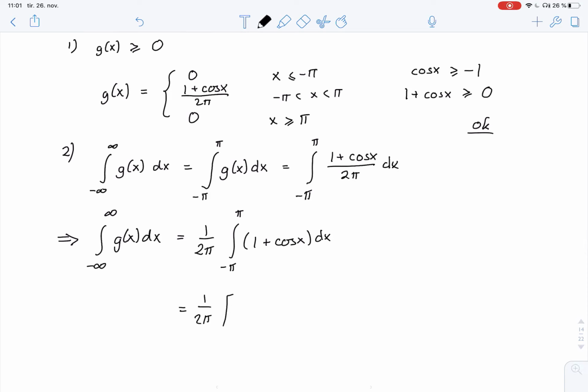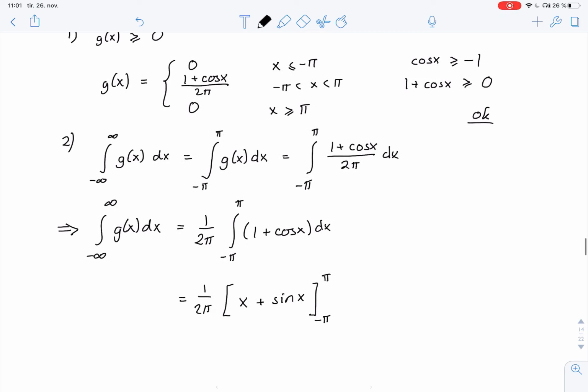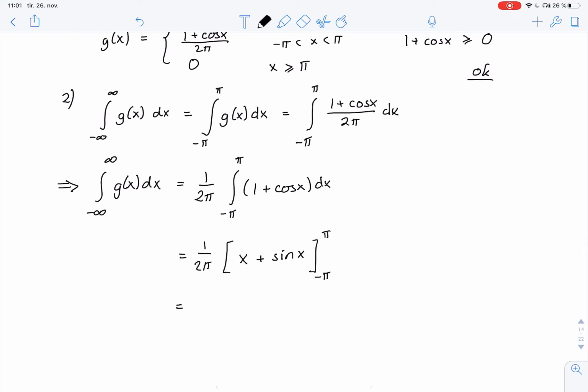And then we'll find the integral: x plus sine x, and please make sure that our signs are okay, so it's plus sine. And we insert our limits here. So we get 1 over 2 pi. We get pi plus sine pi minus minus pi plus sine minus pi.